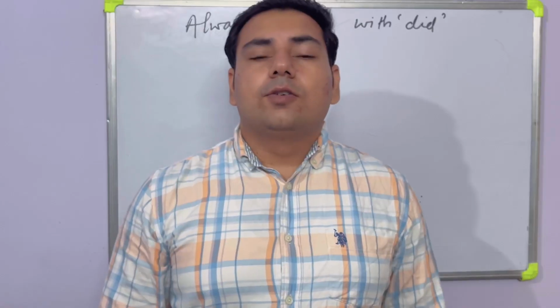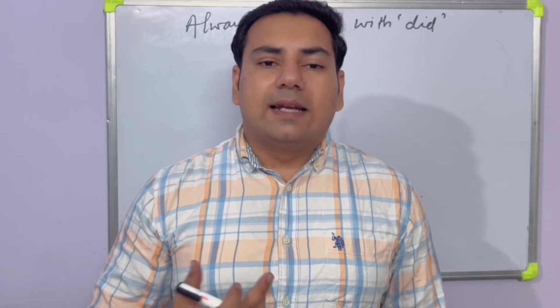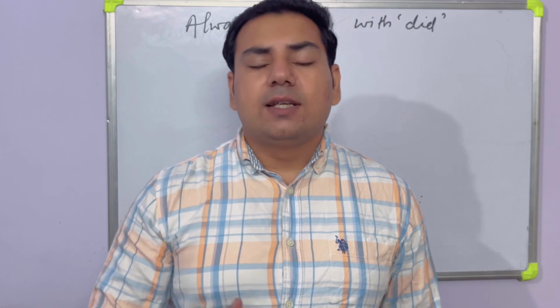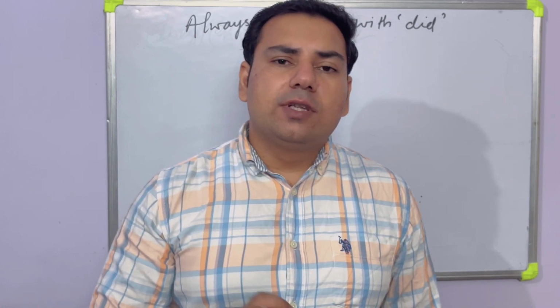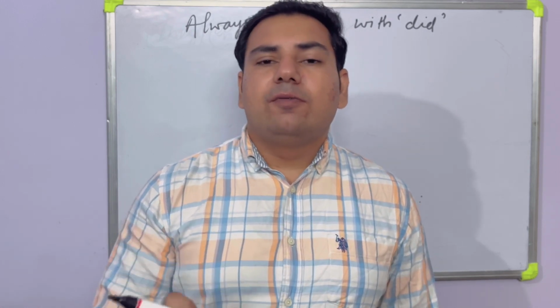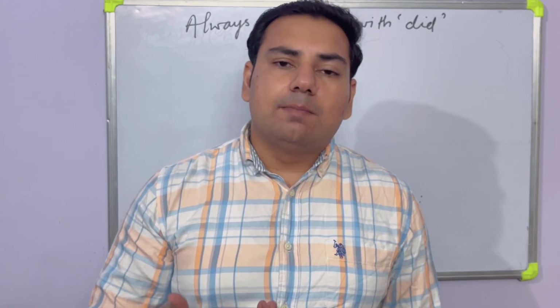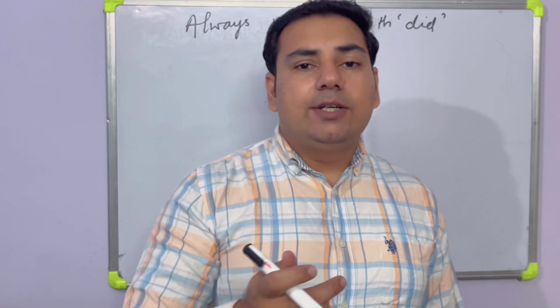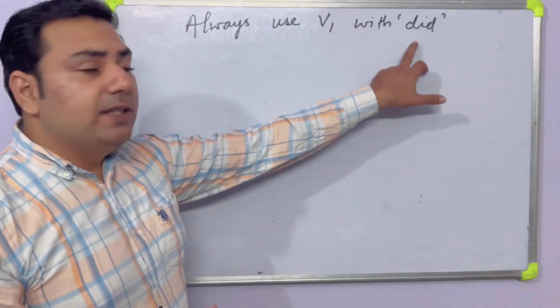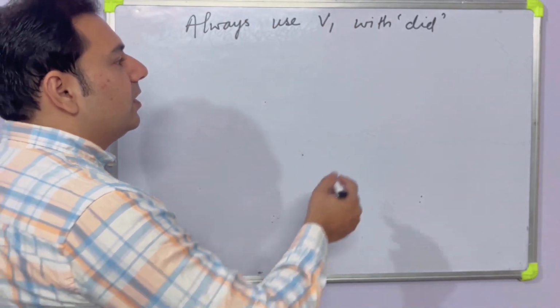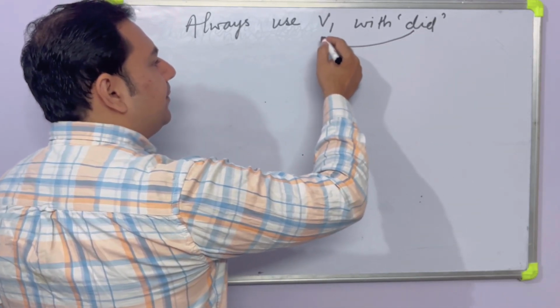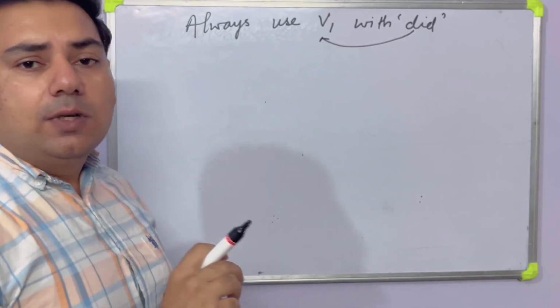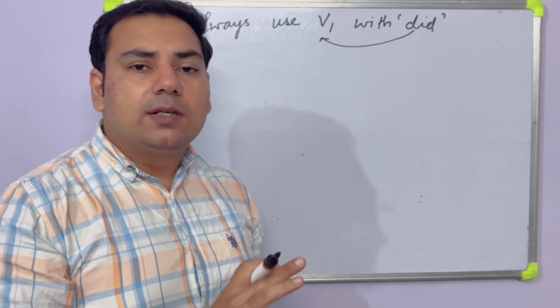Now we have to move to the next part of simple past tense, which is the negative form. We have understood that we have to use the second form when we are creating simple past sentences. But when we move to the negative part, we need to add did. And with did, we need to use the first form of the verb. So keep that in mind. Always use the first form with did.